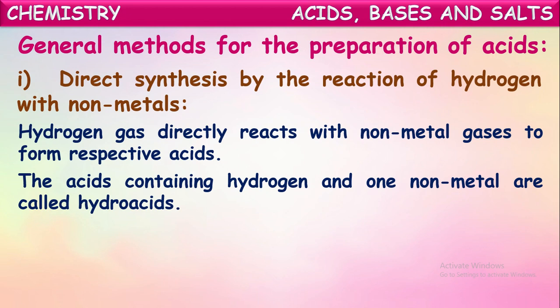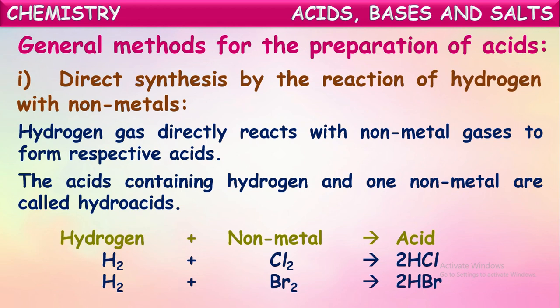Yes, we have seen this concept while discussing the types of acids, or categorization of acids based upon the presence of elements in the molecules. Acids are classified into two types, hydroacids and oxyacids. Hydroacids are the acids which contain a nonmetal in combination with hydrogen only.